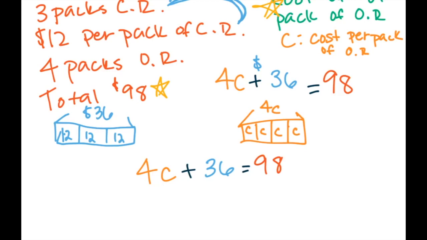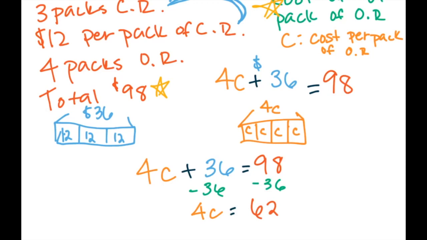So now what I've done is I've set up a 2-step equation to represent this story, and I'm going to actually solve it. So my first step in solving it is to go ahead and subtract this 36 and move it to the other side. When I do that, I'm left with 4C is equal to 62.